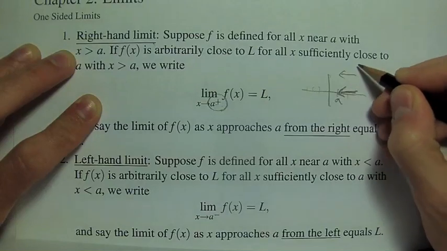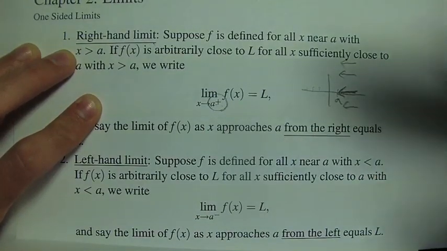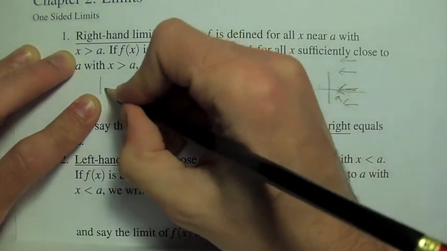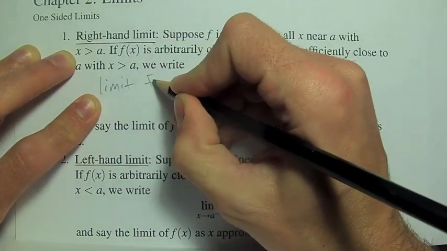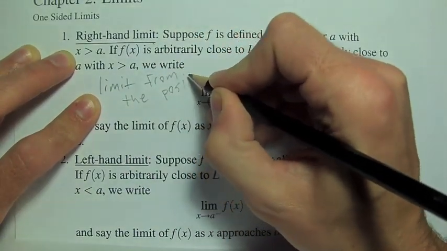Right, it comes from the right. So we're talking about it coming from the positive side. Right? So this is a limit from the positive side.